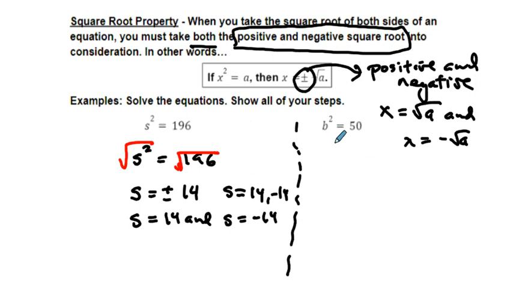All right, this next one here, b squared equals 50. It's going to be the same thing, but we have to remember some of what we did when we took square roots of things. When you have a number that does not have an immediate square root, for the purposes of what we're going to be doing, and we're going to be doing a lot of square roots, I would highly recommend getting strong on your square root facts.